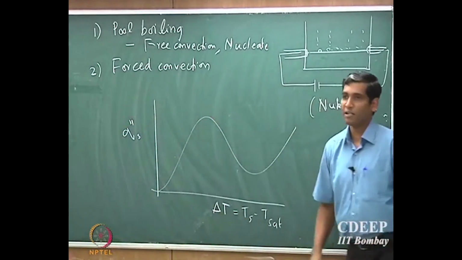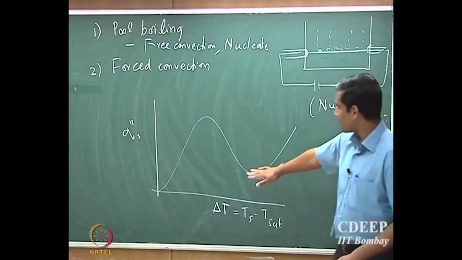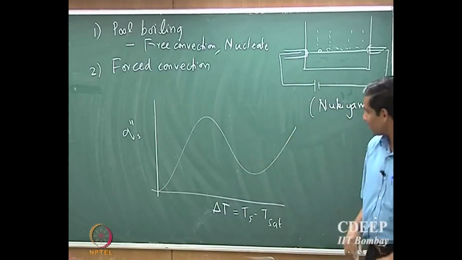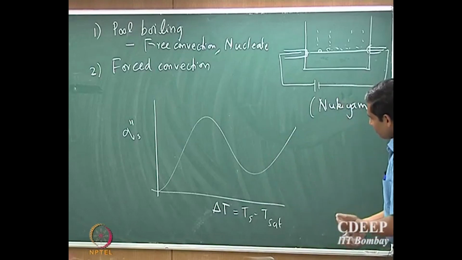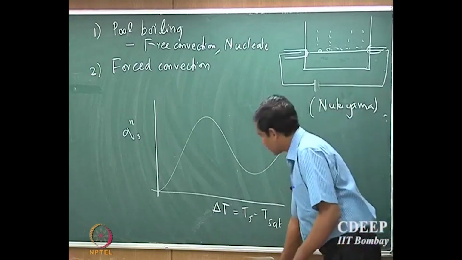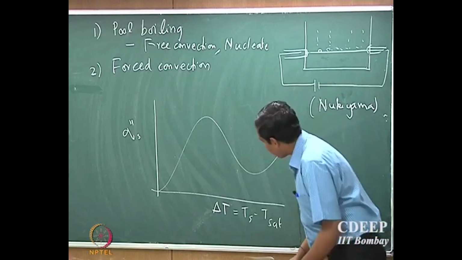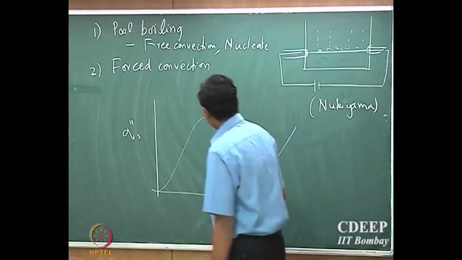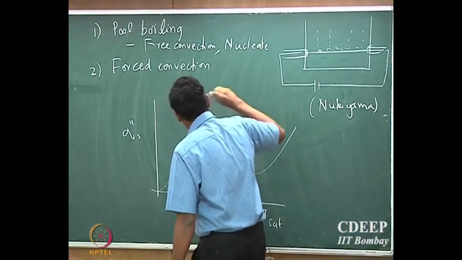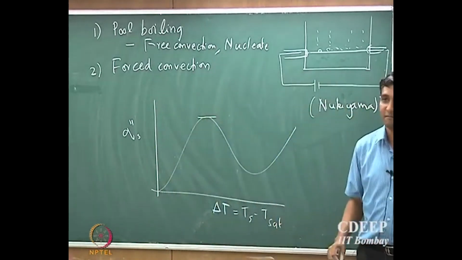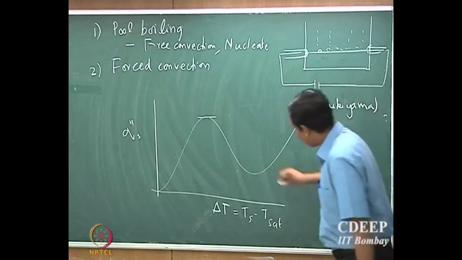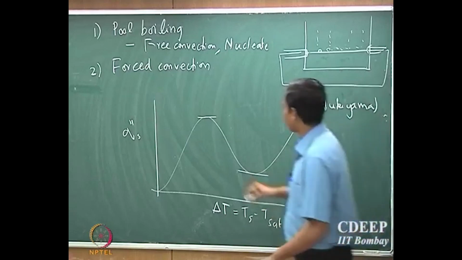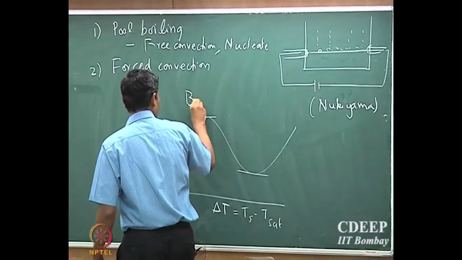We are going to explain in a short while why you get such a curve and what is the significance of this. So, this is the kind of curve that he obtained, and what was observed is that there is a maximal heat flux on the curve, and there is a minimal heat flux in that curve. This is what is called a boiling curve.